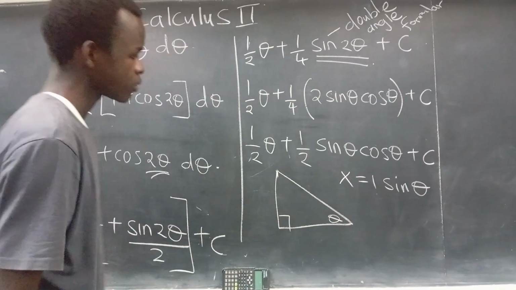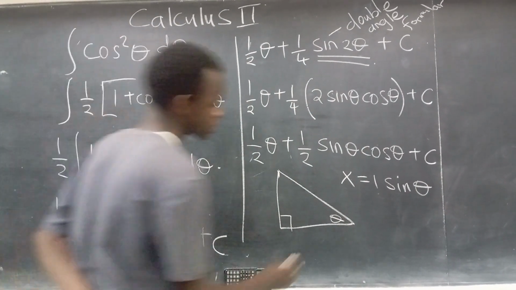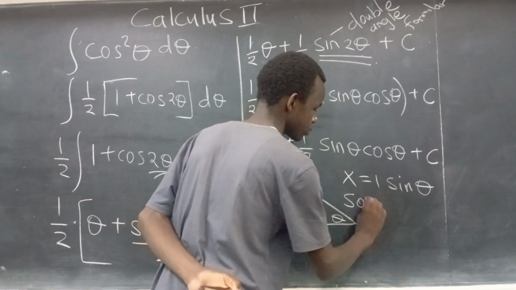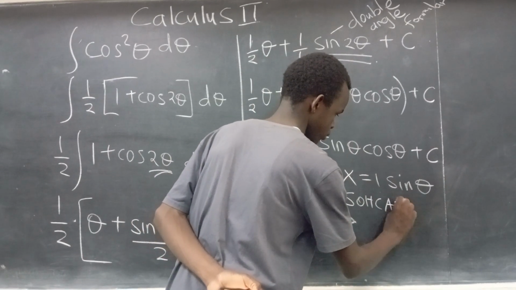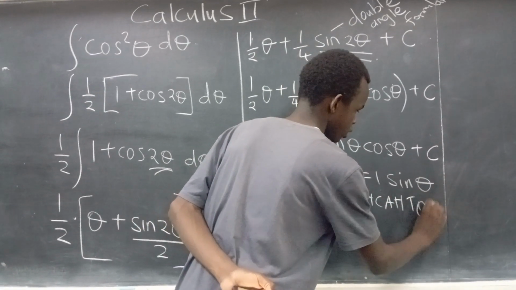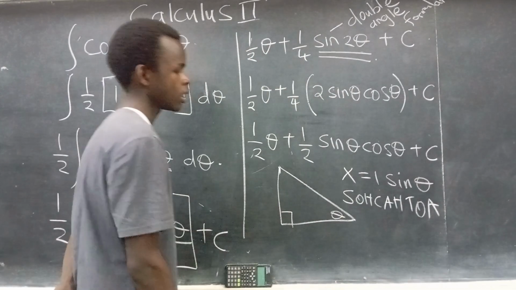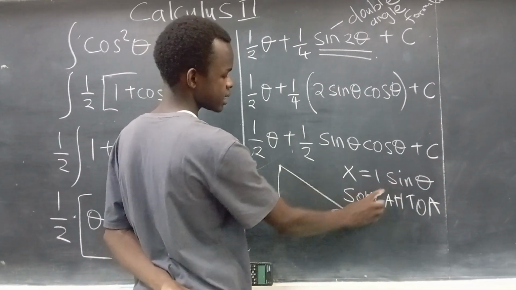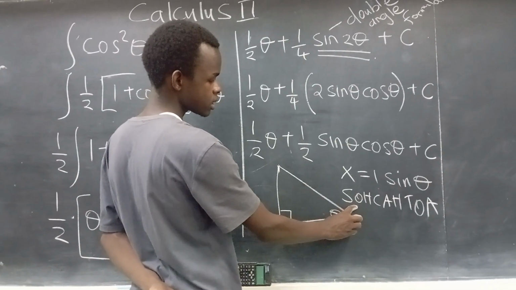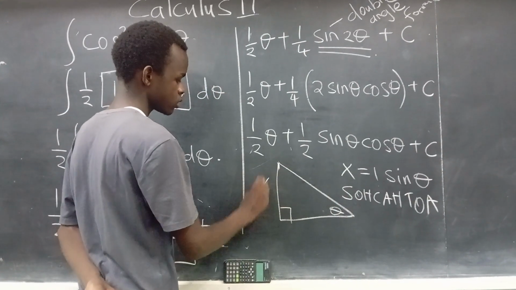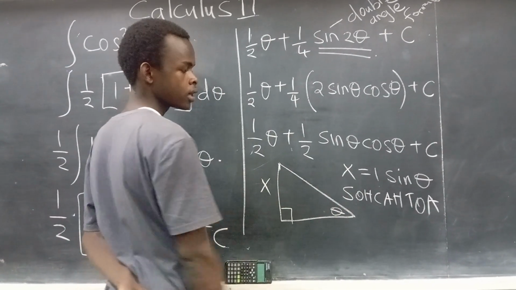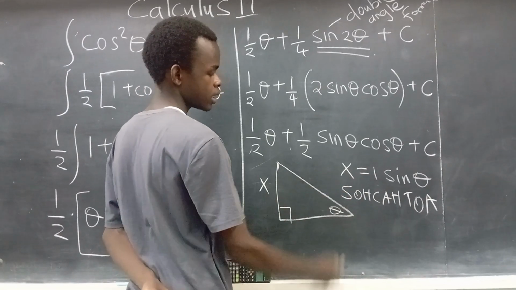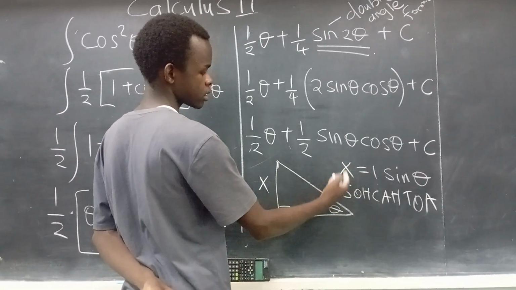So using the concepts of SOHCAHTOA, I'll get my sine theta to be opposite. What's the opposite? Here's the opposite, so it will be that one. Remember, there was a 1 here, so it's just the same as divide by 1. So it's x divided by 1.